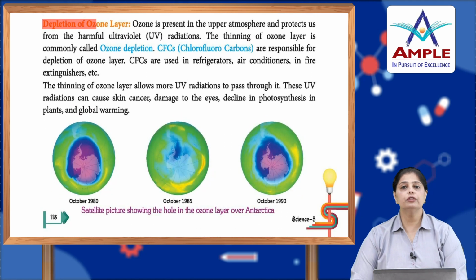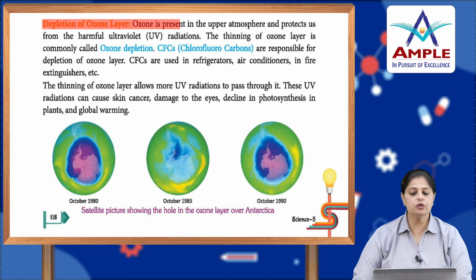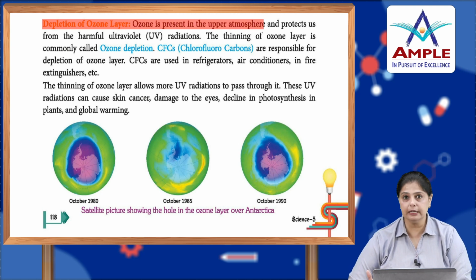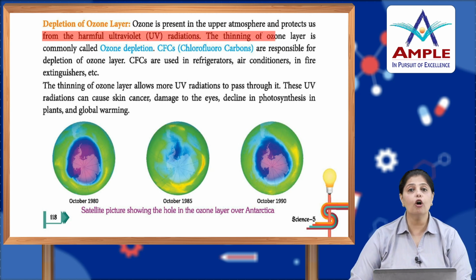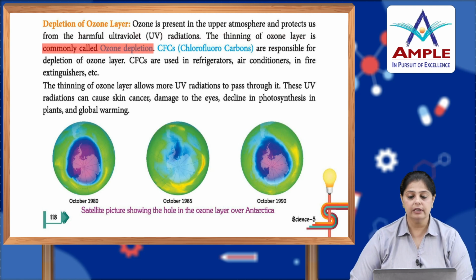Now, depletion of the ozone layer. Ozone is present in the upper atmosphere and protects us from the harmful ultraviolet radiations, that is the UV rays as we call them. The thinning of the ozone layer is commonly called ozone depletion.